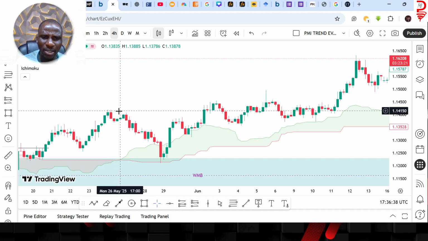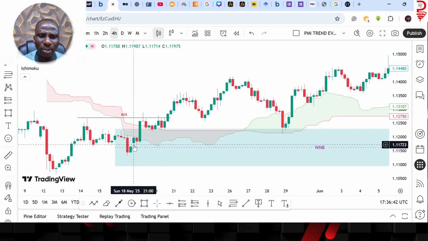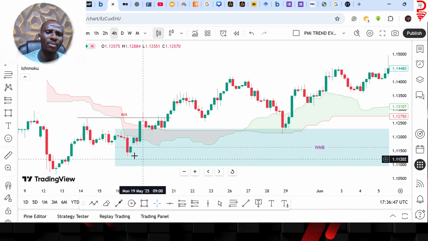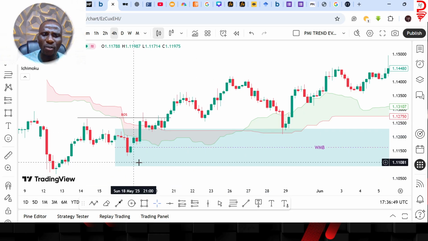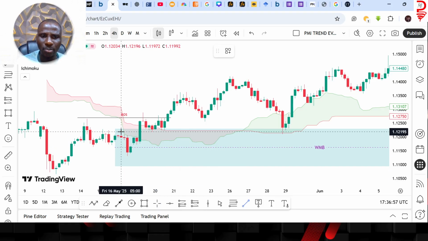Let me zoom this so that you can really understand what I'm trying to explain. This is the money box now. Can you see the weekly money box? At the beginning of this money box, you can see that there was a break of structure within the money box. You see, a bullish break of structure within the money box.